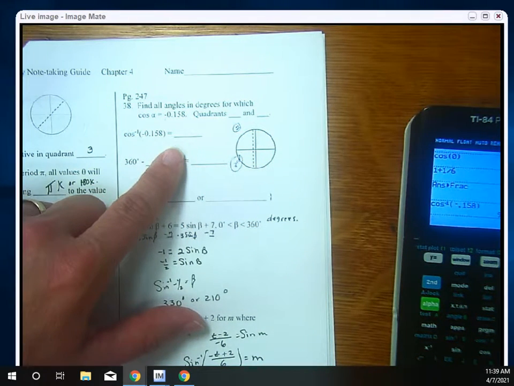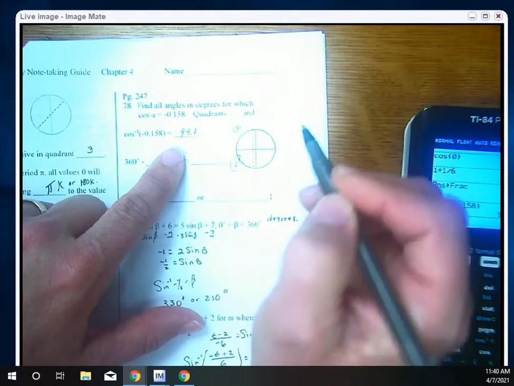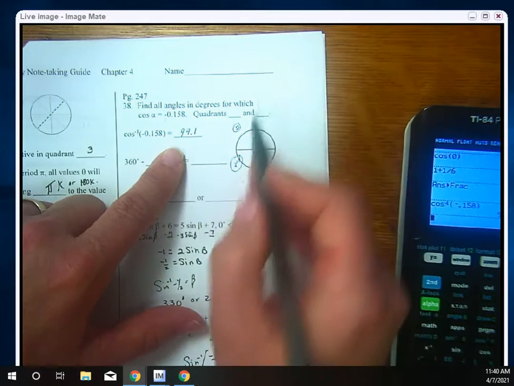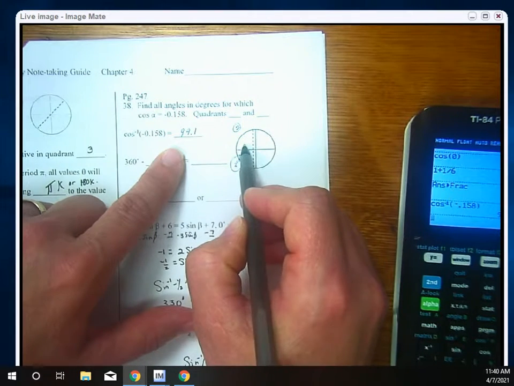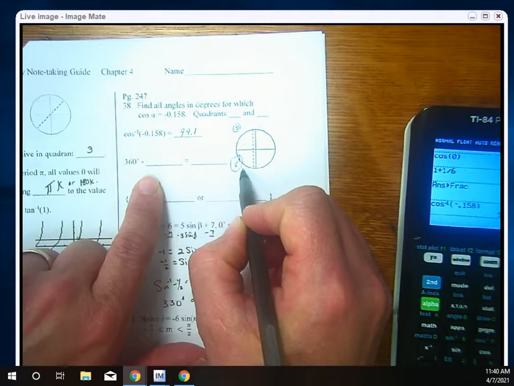This 99.1 is in which quadrant? It's in the second quadrant, right? So how do I find the one that's down here?